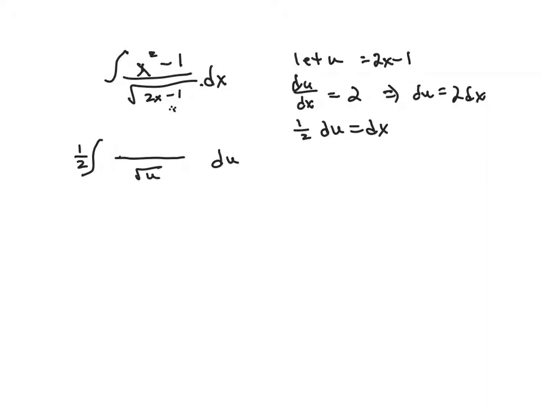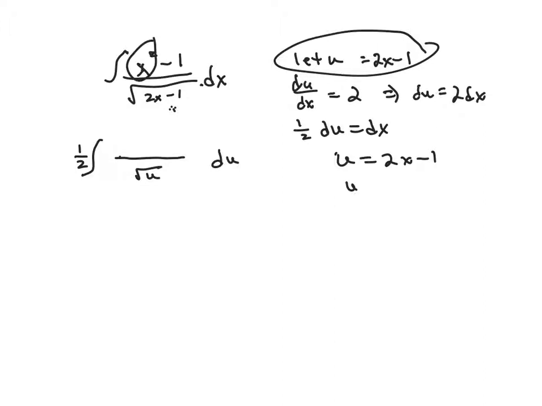And now I just need to figure out how to get x squared minus 1. Well, if I go back up here, u equals 2x minus 1. If I want to get x by itself, so that I can replace that x squared up here, I'm going to do u plus 1 equals 2x, and then u plus 1 over 2 equals x.